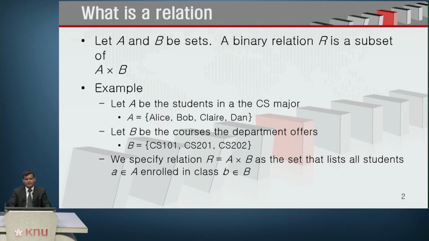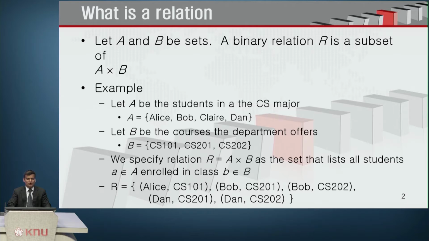We specify the relation R equals A cross B as the set that lists all students a, where a is an element of A, enrolled in class b, where b is an element of B. Got it?